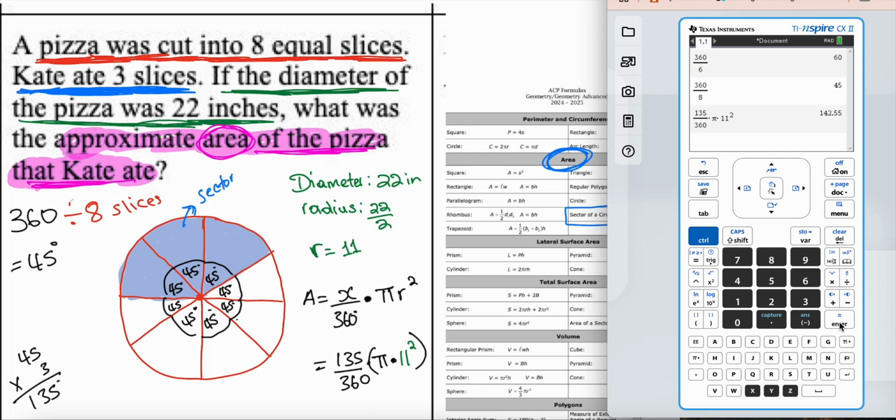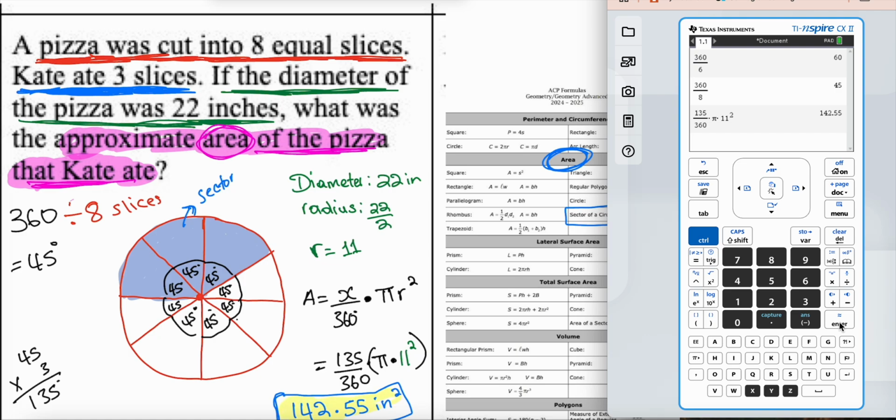So the area of the shaded region is going to be 142.55 inches squared. And that would be the answer for this question. And just like that, we are finished.